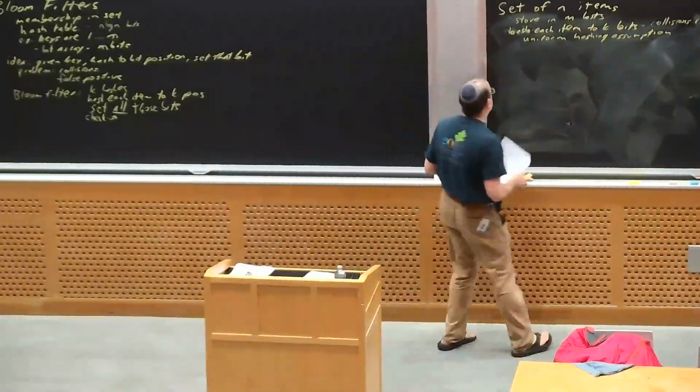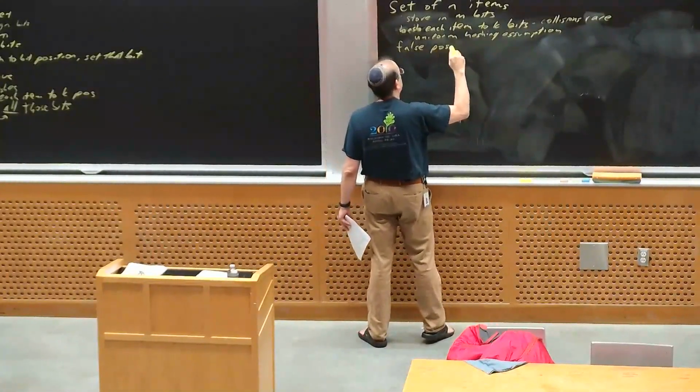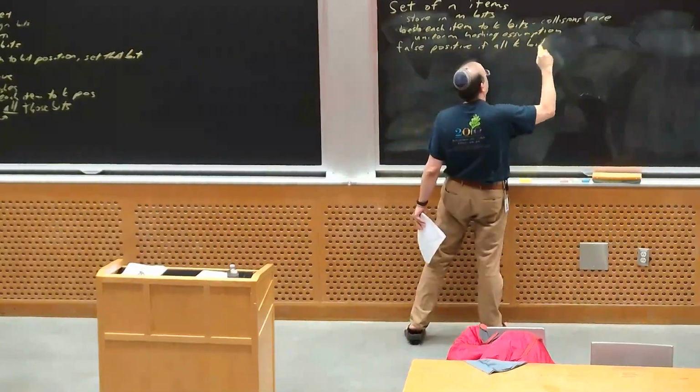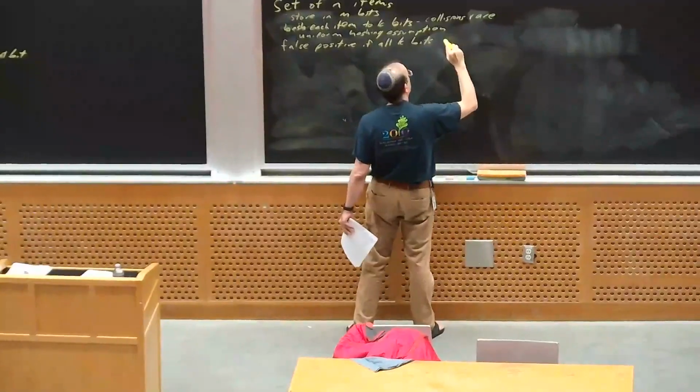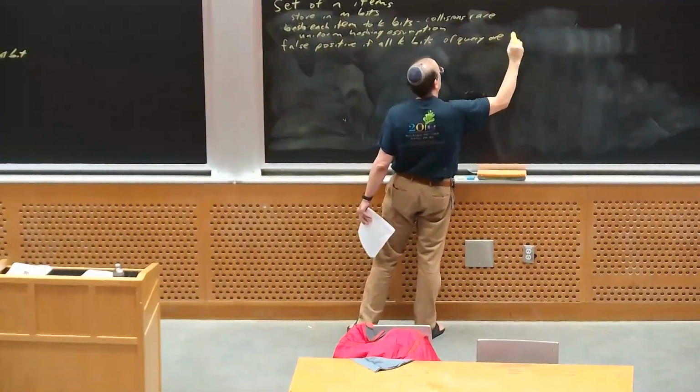How do we analyze this? The big question is around false positives. So we have a false positive if all k bits of a query are set.